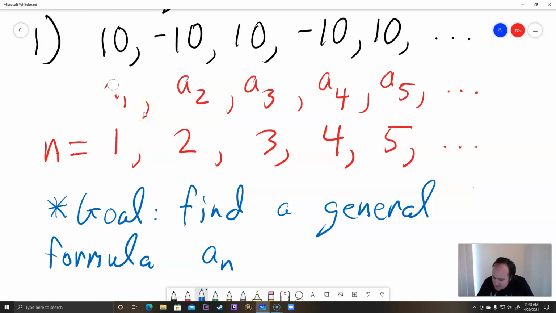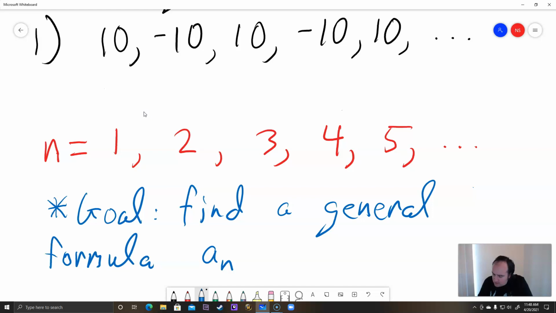Let me erase these a sub 1, a sub 2, and all that. So my question is, how do I get from 1 to 10? Well, to get from 1 to 10, I need to multiply by 10. I think we can all see that. So here I need to have something times 10.